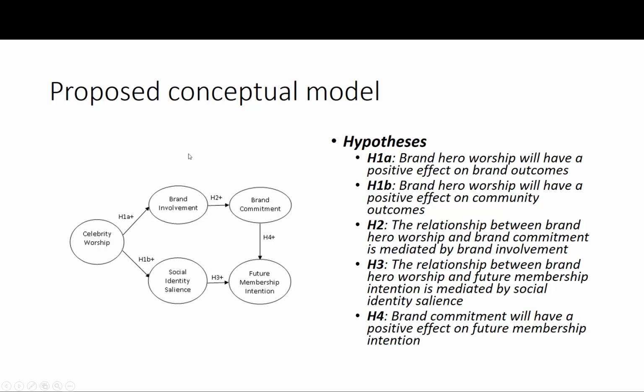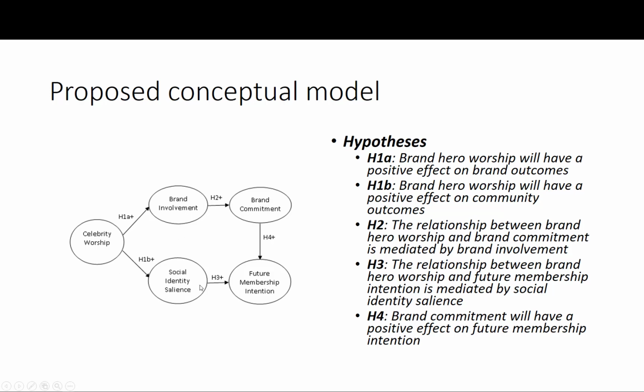As you can see, from celebrity worship to brand involvement, if I was trying to do a regression on just this section of the model, I would have to do 2 separate regressions, because this is my independent variable and these are my dependent variables. Because there are two, I would need to do these as two separate equations.